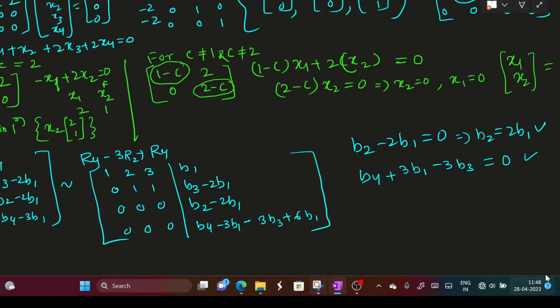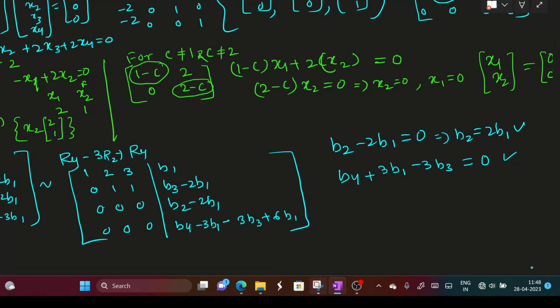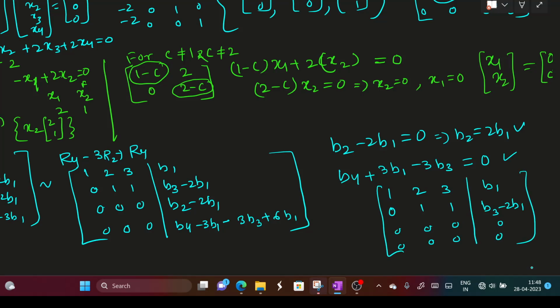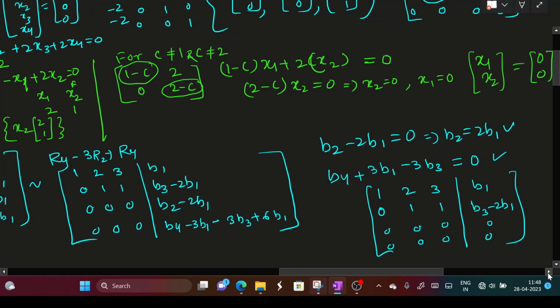So after substituting these two values, what are we getting? 1, 2, 3, B1, 0, 1, 1, B3 minus 2B1, and then 0, 0, 0, 0, 0, 0, 0. Okay. So how much are we getting?